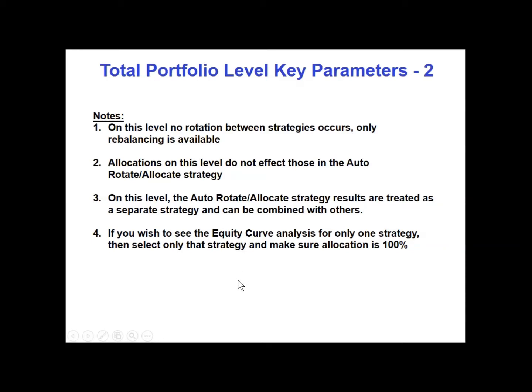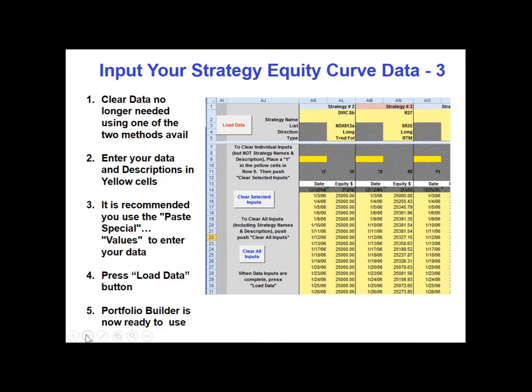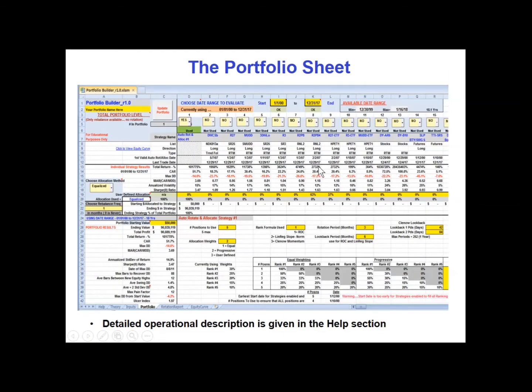Can you change your allocation percentages over time, or are they fixed for the whole time? They're fixed at this top level, the total portfolio level, the things you see right up here.